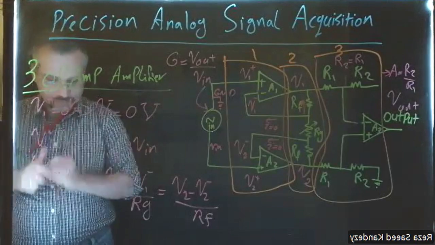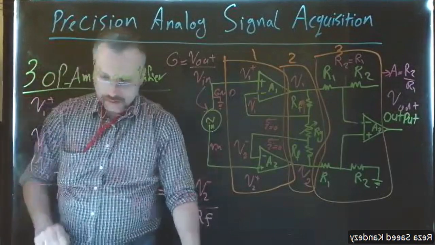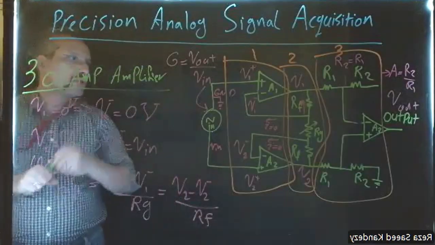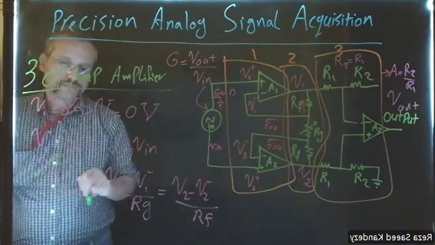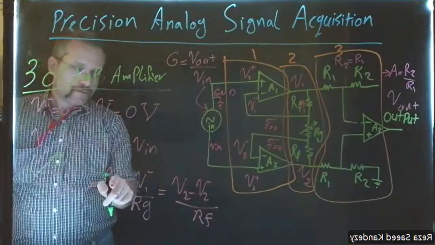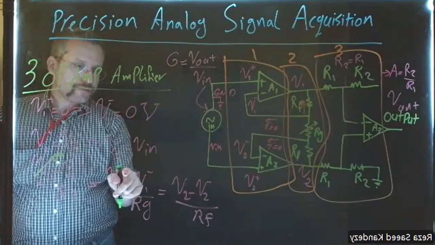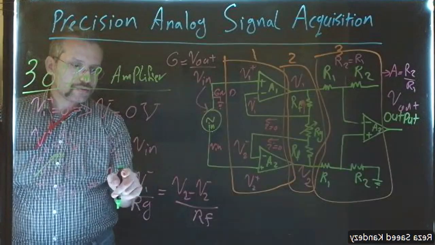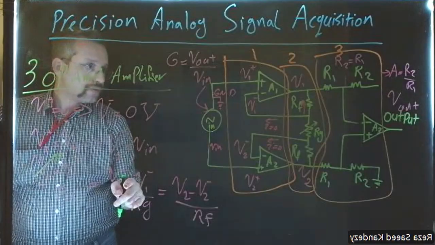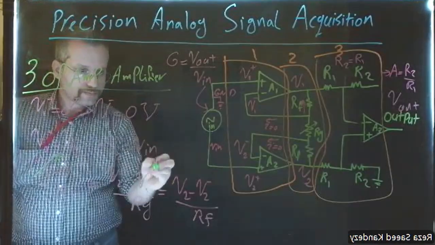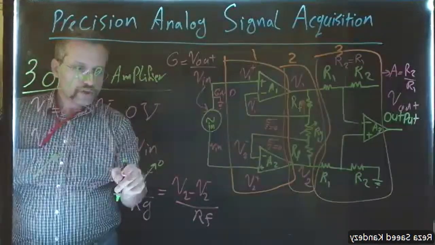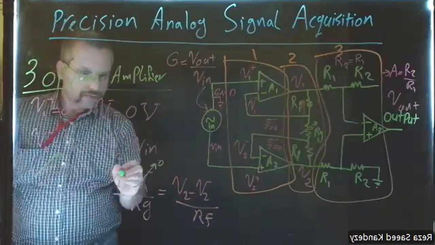Now we have our three equations. V1 inverting, we already know it's 0. So this is 0. V2 inverting is also 0, and V2 inverting is V in.